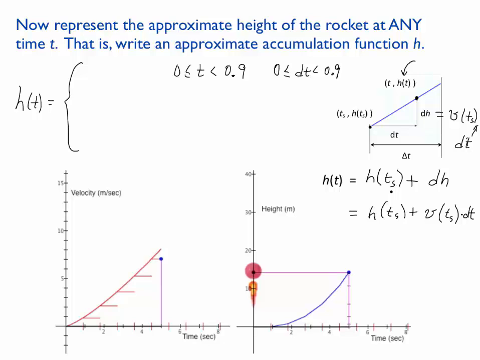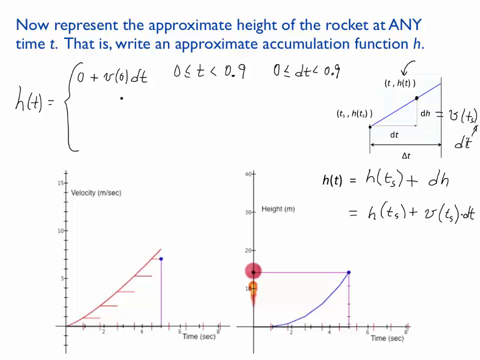Our initial height is 0, so we can just say 0 plus, what's dH? It's V of 0 times dt.